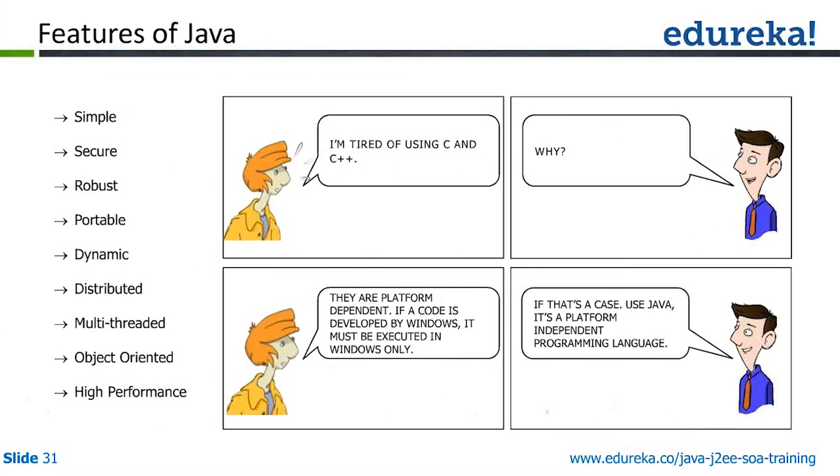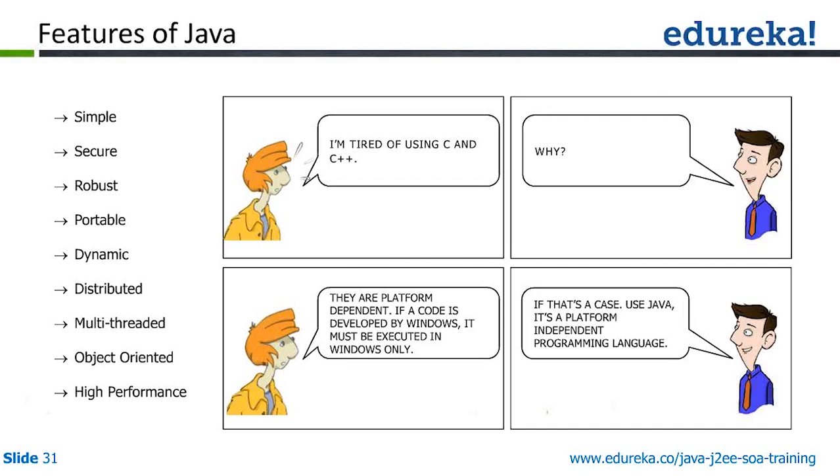So what are the main features of Java? It's simple, secure, robust, portable, dynamic, multi-threaded, object-oriented, and high performance. The graphic talks about platform independence. Earlier, everything was very proprietary, and people tended to have languages that just ran on one OS.